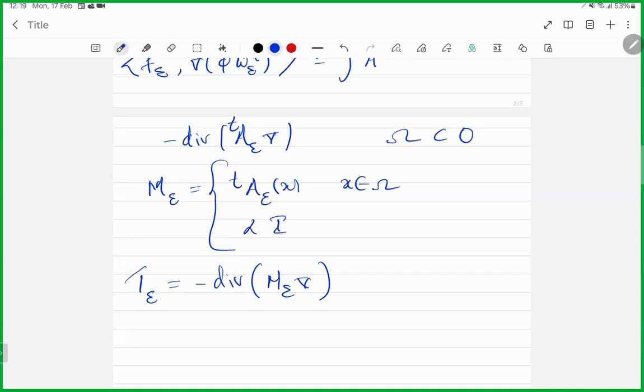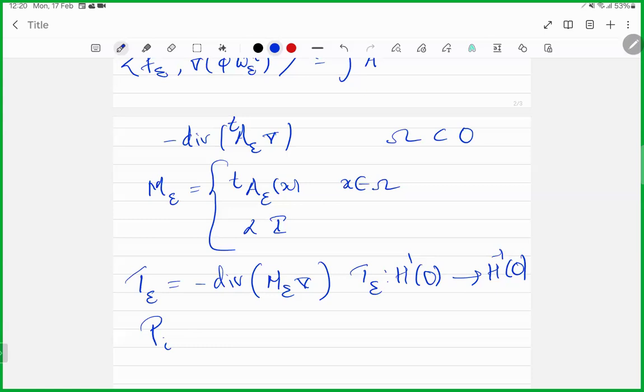This T epsilon, you can think of as an isomorphism from H1 of O to H minus 1 of O. So now the idea is that you define Pi.